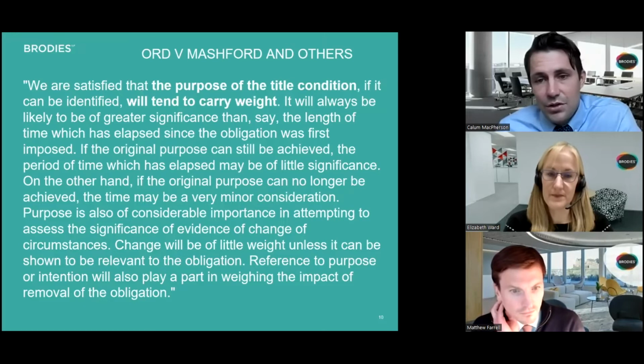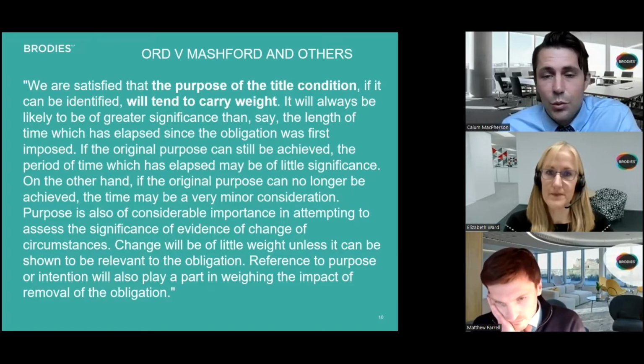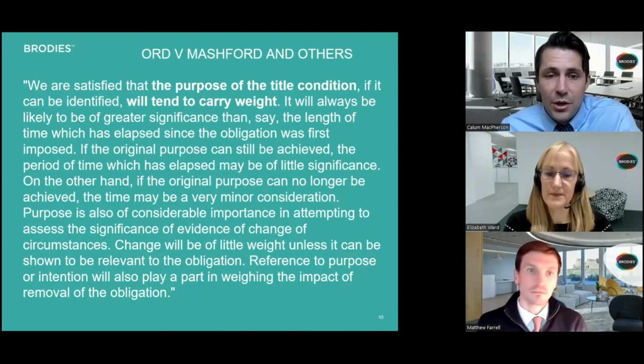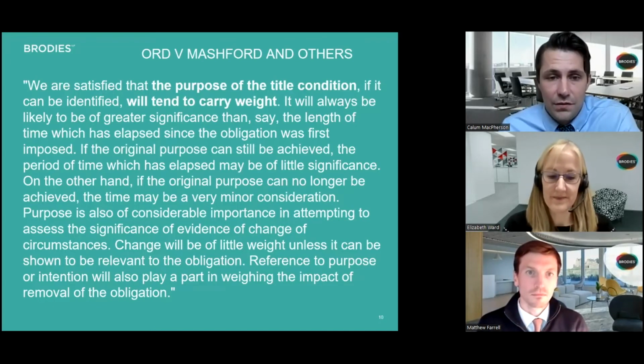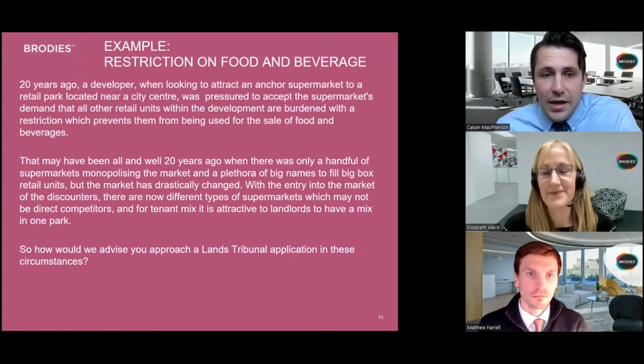Reference to purpose or intention will also play a big part in weighting the impact of the removal of the obligation. So that really hammers home that purpose is probably of paramount consideration when considering the different factors under section 100. If we could move to the next slide, please.